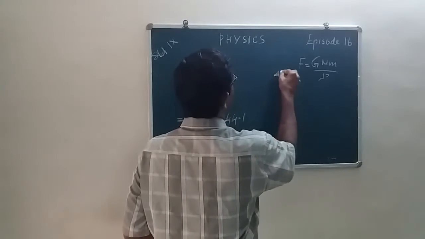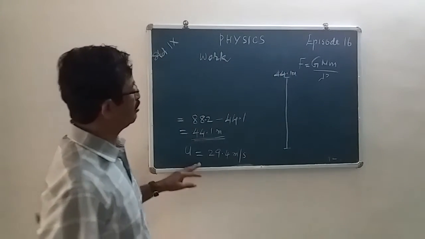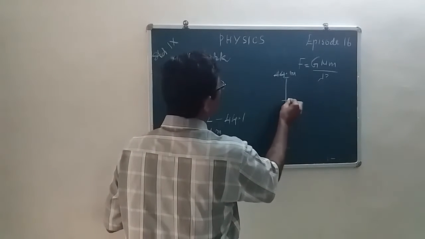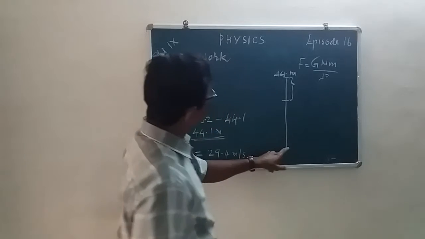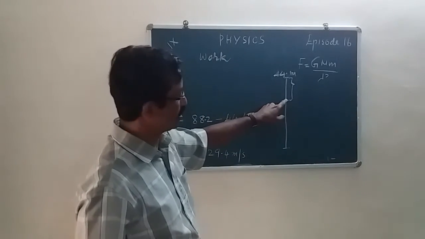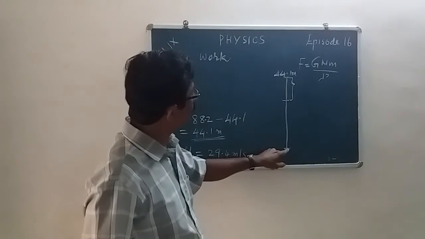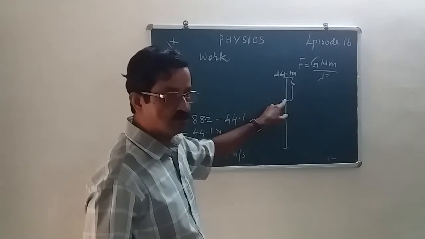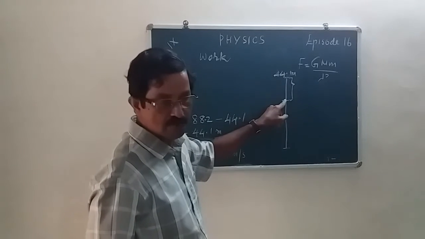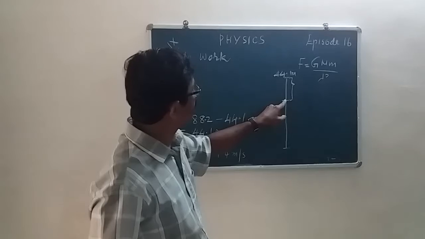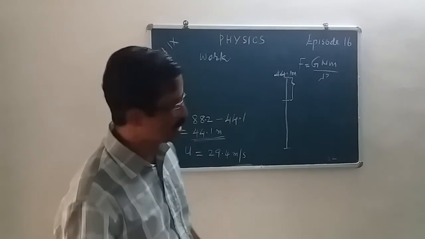Now 4 seconds means it travels 1 more second to here. Now we want to find this position. We can find this in 2 ways. From here to here after 2 seconds, or from this to here, how much distance it travels. If we subtract that from 44.1, we get the position.